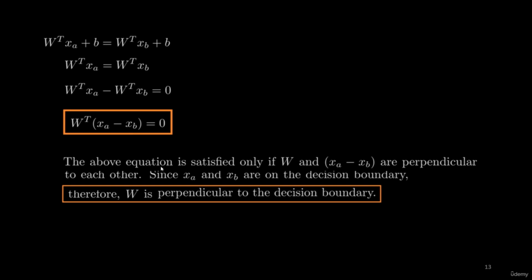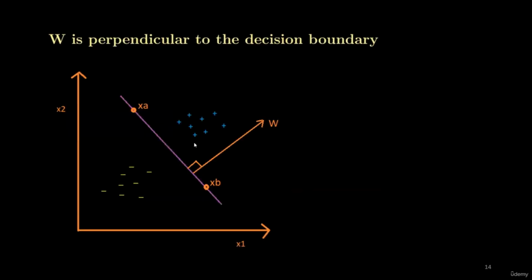So the above equation is satisfied only if W and XA minus XB are perpendicular. The important point of this equation is that W is perpendicular to the decision boundary. So here is the direction of W. XA and XB are on the decision boundary and W is perpendicular to it.